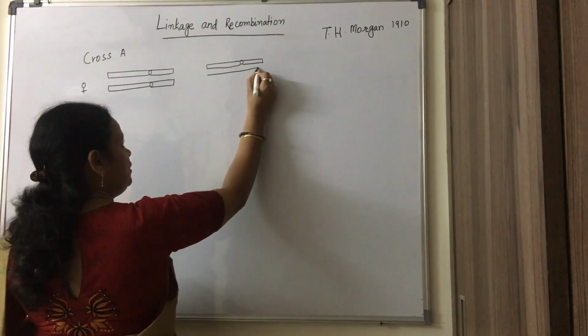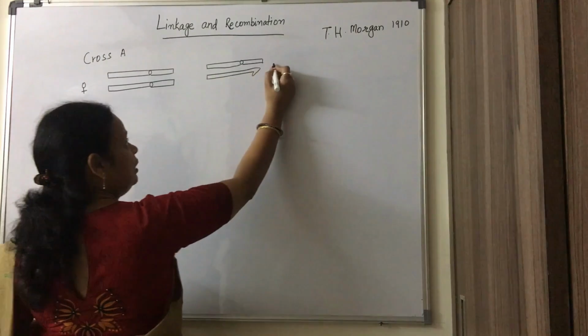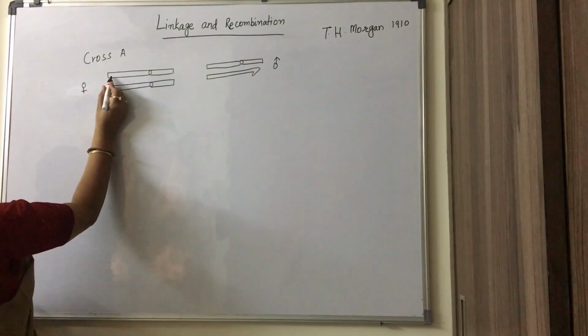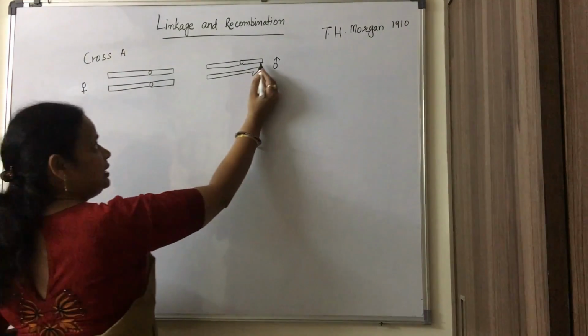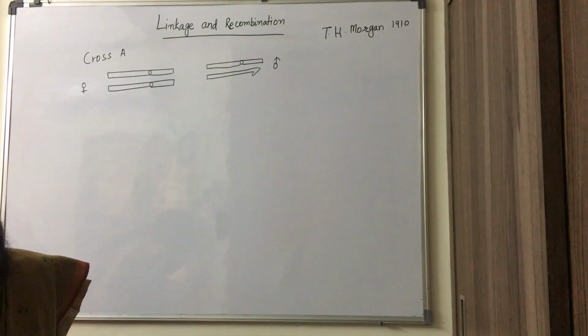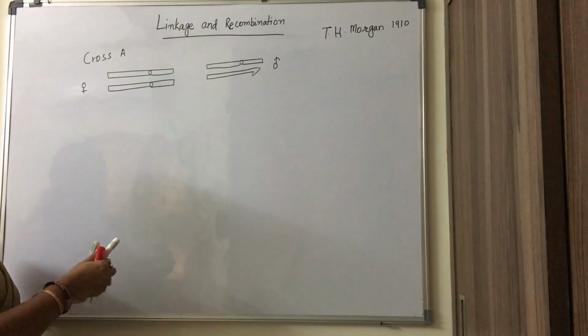As we know, Drosophila is a unisexual organism, so here the female has X and X chromosomes and the male has X and Y chromosomes. Now let us see what patterns of the genes he has selected.